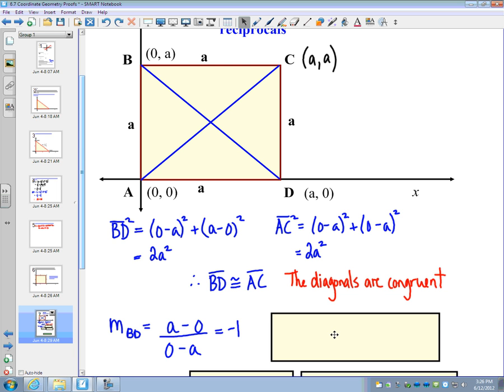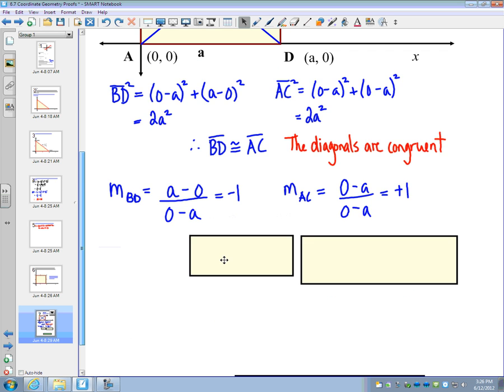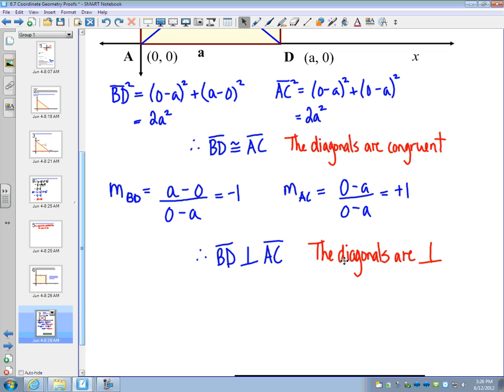The slope of AC is equal to (a minus 0) over (a minus 0), so simplifying that gets positive 1. So this shows that they are perpendicular. BD is perpendicular to AC, so the diagonals are perpendicular, and that is what I was trying to prove. Okay, so make sure to read the examples in your textbook, try a couple of questions, and get familiar with this concept.